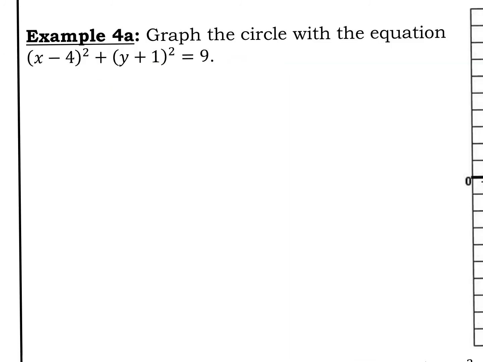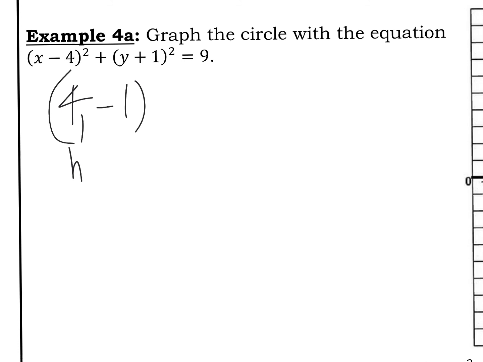So on example 4a, it says graph the circle with the equation x minus 4 squared plus y plus 1 squared equals 9. So what this tells me is that my center point, or my h comma k, is going to be at positive 4 comma negative 1, right? Remember, you can just flip those signs.